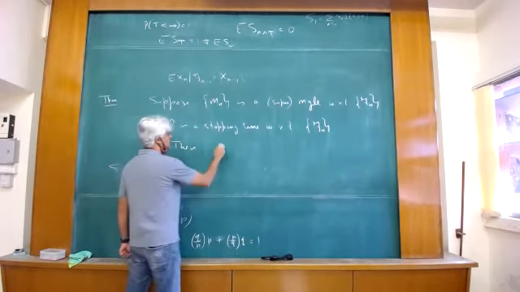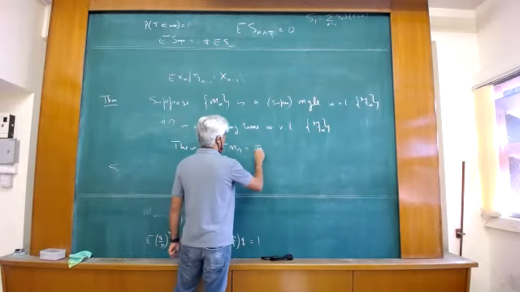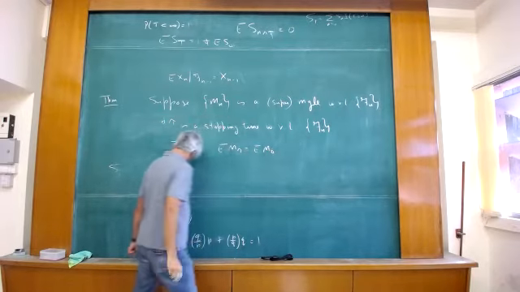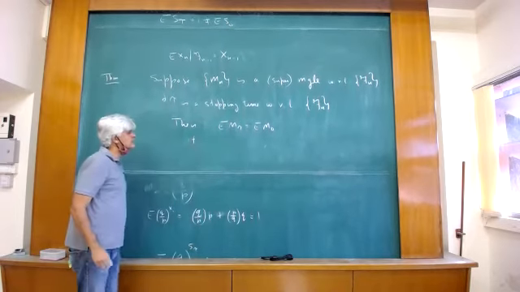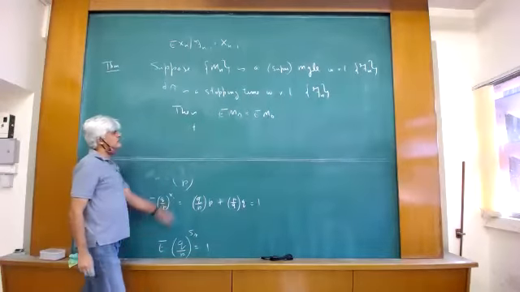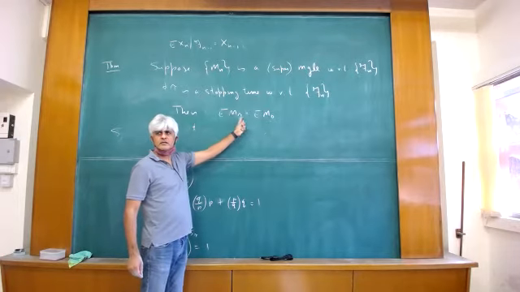Then E of M_tau equals E of M_0, if so. And if it's a supermartingale, then this becomes less than or equal.